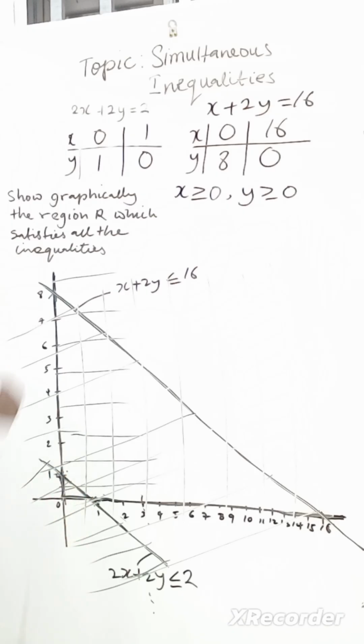When I shaded the entire y-axis, this place was shaded. When I shaded the entire x-axis, this place was also shaded. When I shaded 2x plus 2y less than or equal to 2, this place was shaded. When I shaded x plus 2y less than or equal to 16, this particular region was also shaded. So because all the shading meets in that particular region, that is the region that satisfies all the inequalities. And that is the region marked with an arrow.